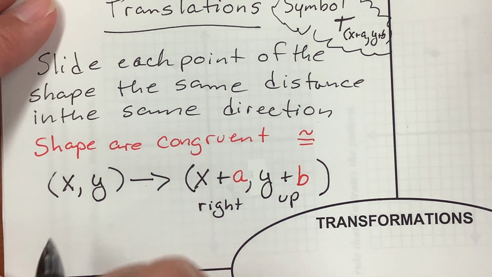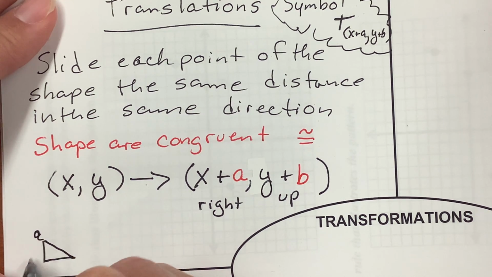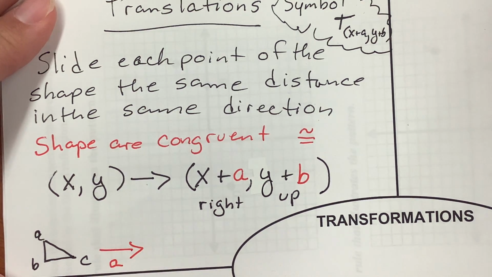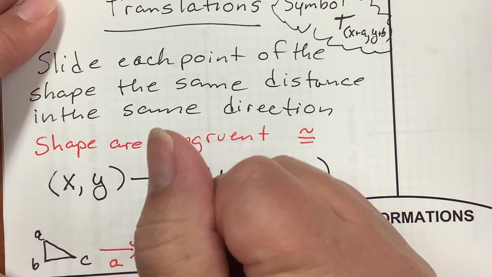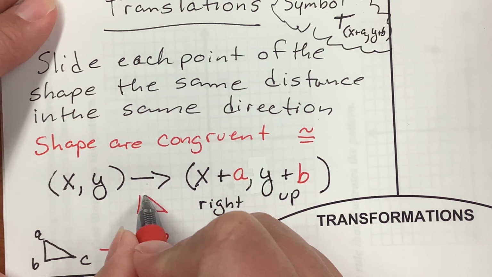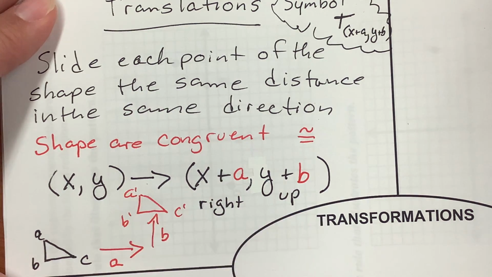Let's say the original was here, and we'll make it a triangle, A, B, C. First, it would go A to the right, and then it would go B up, and I would have a new triangle over here, A prime, B prime, C prime. Ta-da! First transformation.